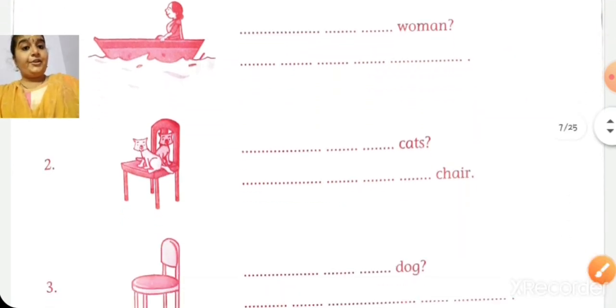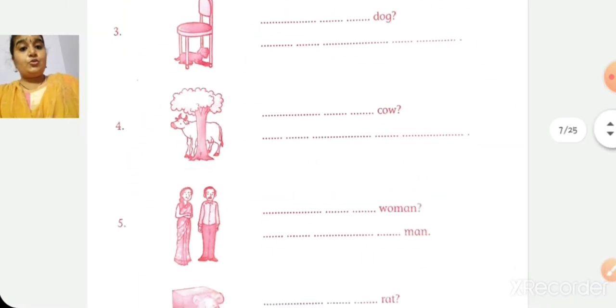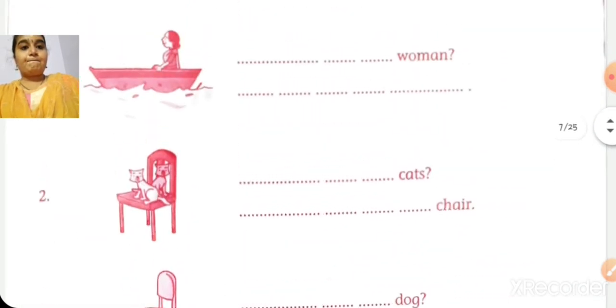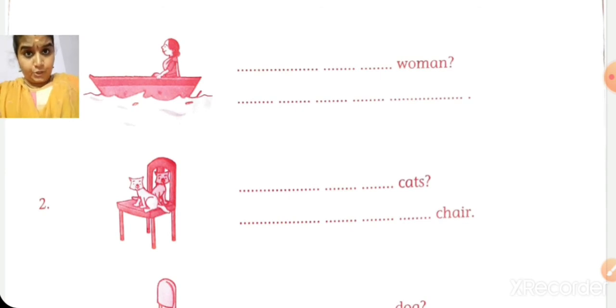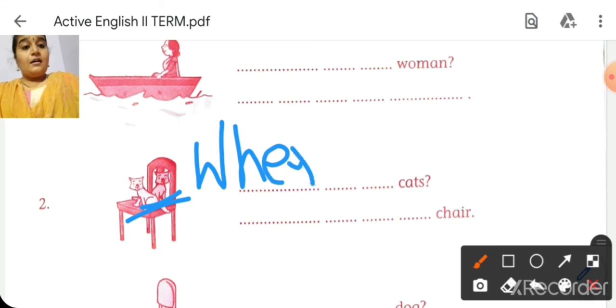Only this I am going to do. Other 1, 2, 3, 4 questions you are going to do. Okay? It's easy only. I hope you can do it, right? You will do it, right? Very good. Okay. So there are 2 cats. So where are the cats? Very good.